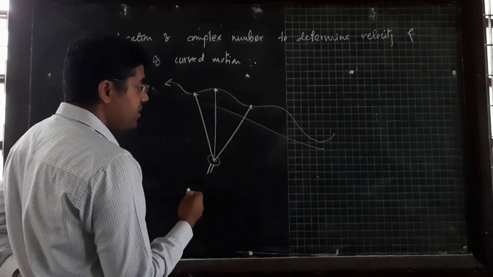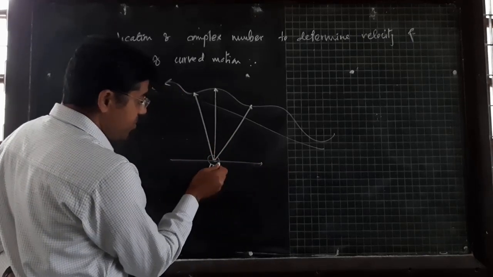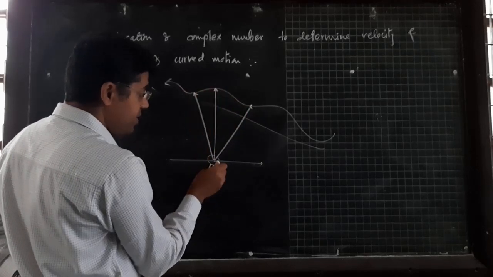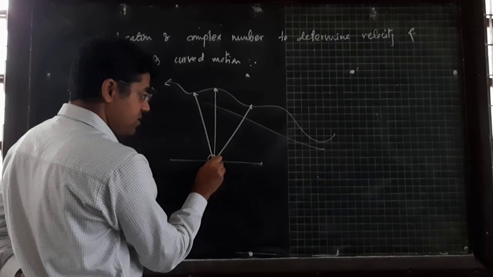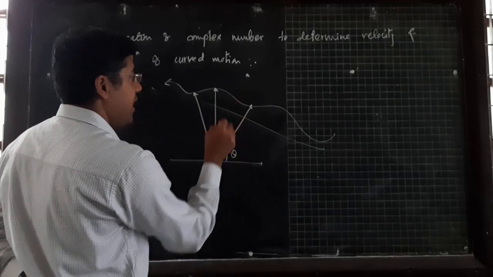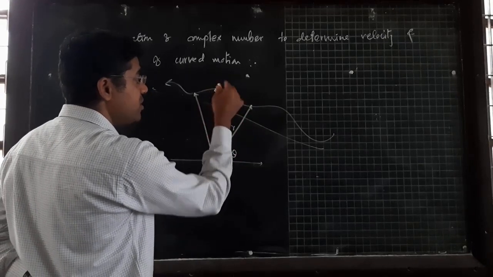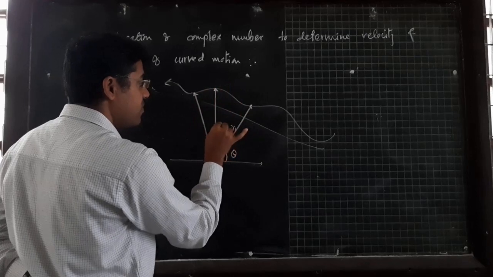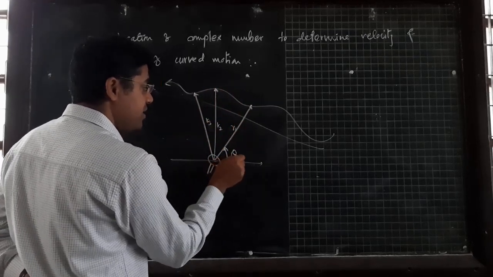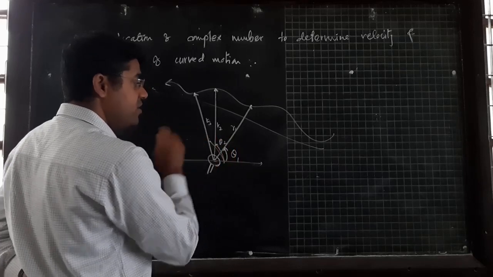So here you have to measure the object's position, and the satellite will measure it. What will change here? Your theta changes, as well as r. At each position r will be different, so this is r1, r2, r3 and so on, and you will get theta 1, theta 2, theta 3 and so on.